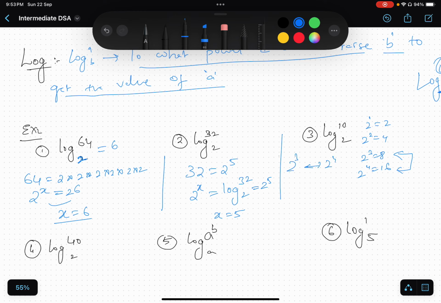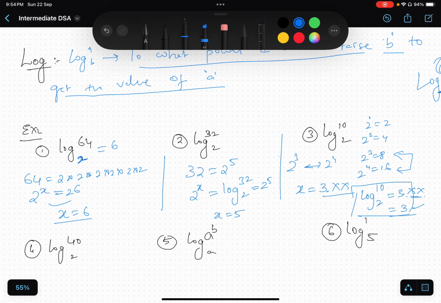So can I write x as 2 power something, some 3.xx? That means log 10 base 2 is equal to 3 point something. If I ignore the decimal part, it is approximated to 3. So you have to take the floor of it.